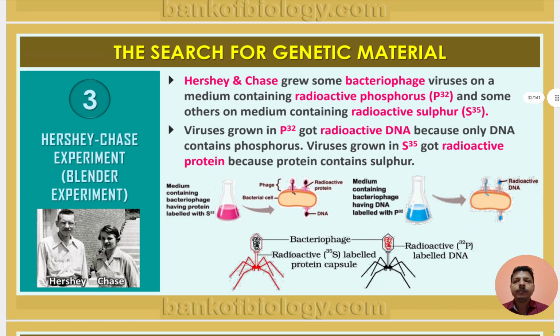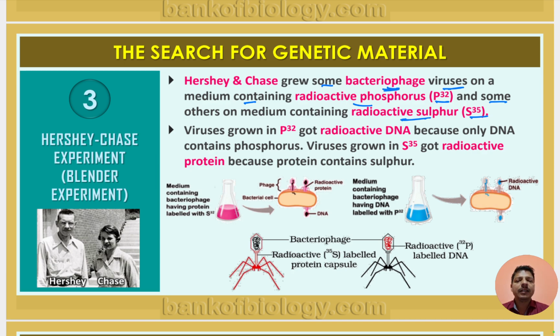Then another experiment was done by Hershey and Chase, or we can say the blender experiment. Hershey and Chase grew some bacteriophage viruses on a medium containing radioactive phosphorus P32 and some other medium containing radioactive sulfur S35.